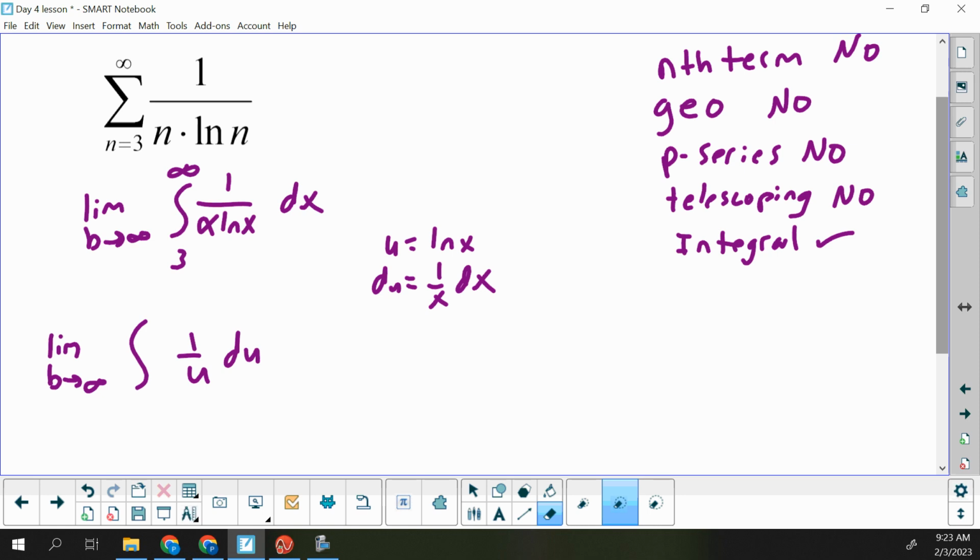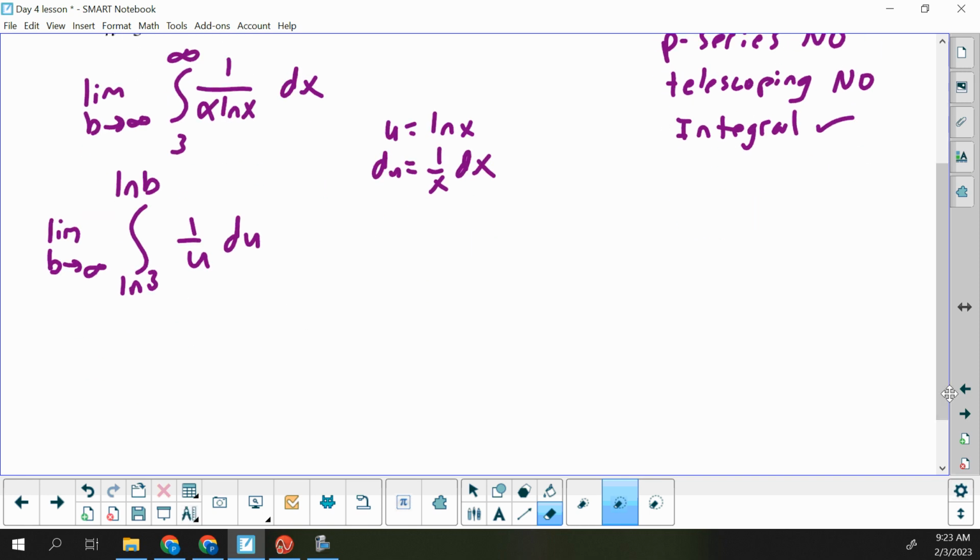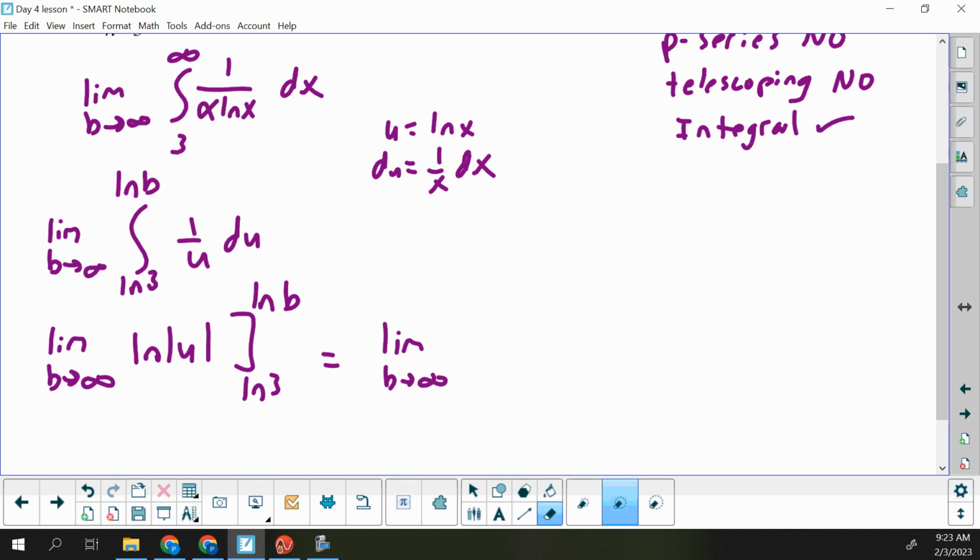And if we redefine our bounds, we'll have natural log of 3 and natural log of b. So we'll have the limit as b approaches infinity. This is going to be natural log of the absolute value of u evaluated from natural log of 3 to natural log of b. That's going to give us the limit as b approaches infinity of natural log of b minus natural log of 3.